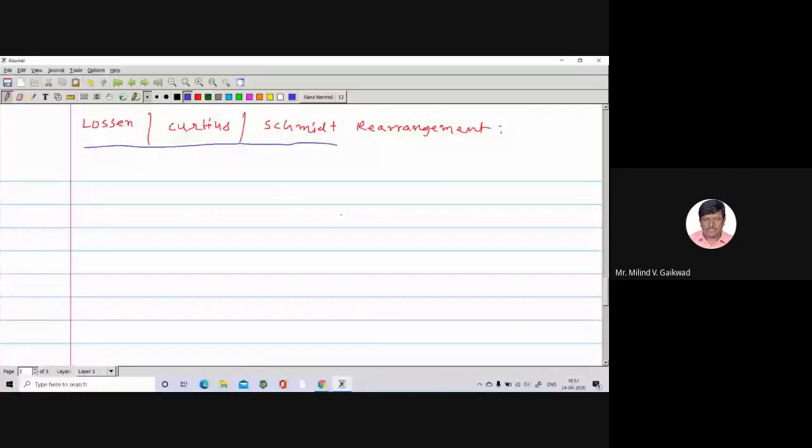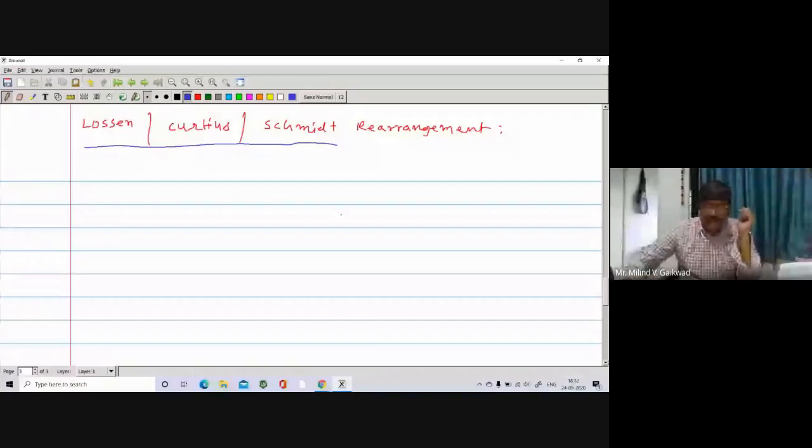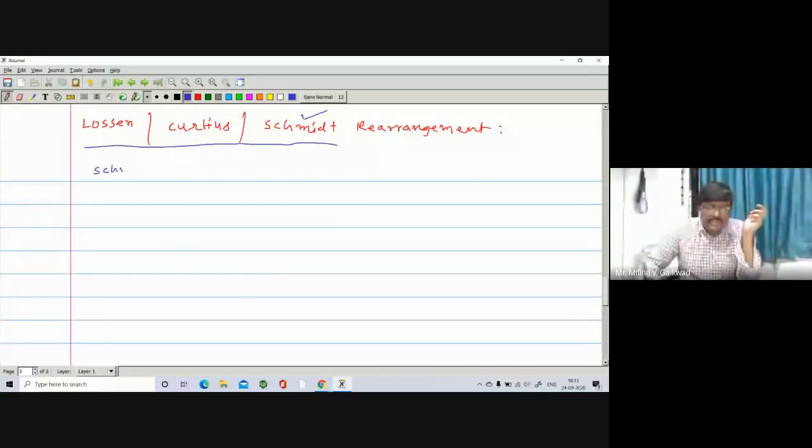So first we will take the Schmidt rearrangement. In the Schmidt rearrangement reaction, the reaction starts from an acid, R C double bond O and OH.